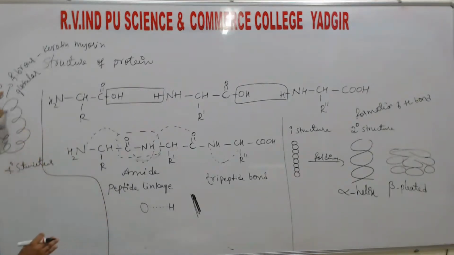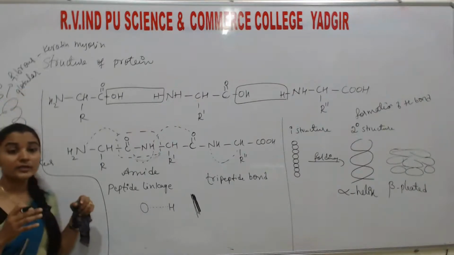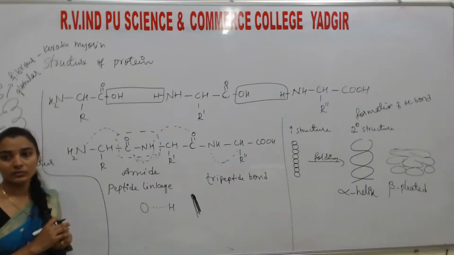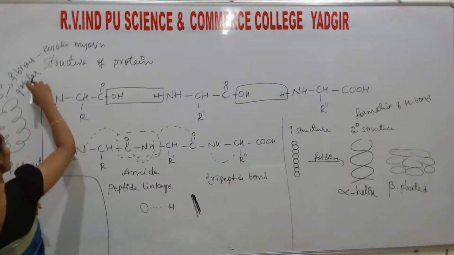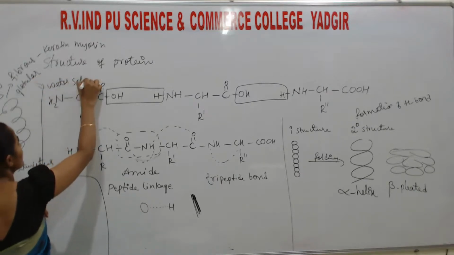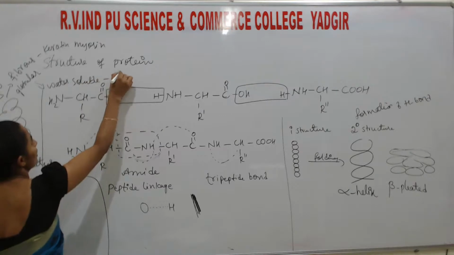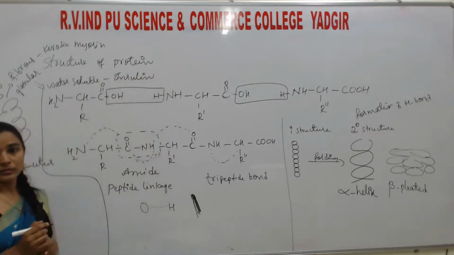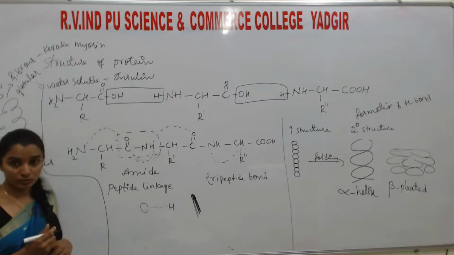Understand? Next. Globular proteins means they are arranged in a circular manner. They form a globe-like structure. Understand? So these are water soluble. Example is insulin. You know, students, there are diabetes patients.